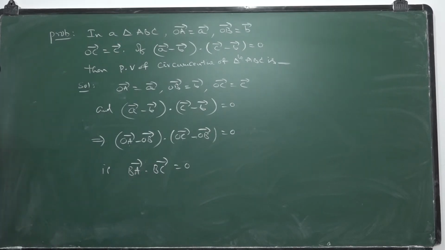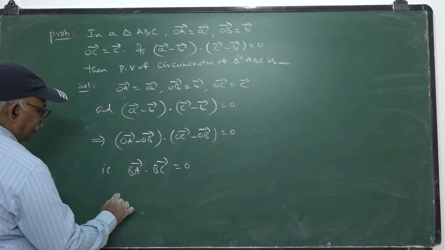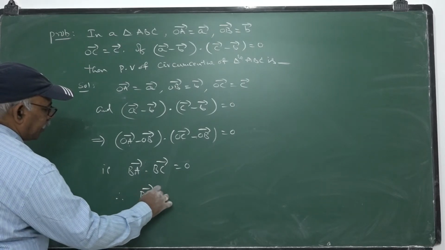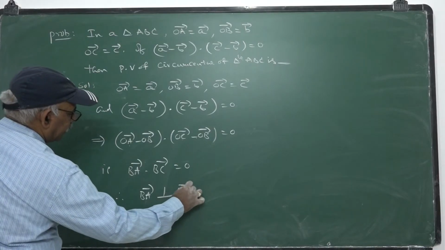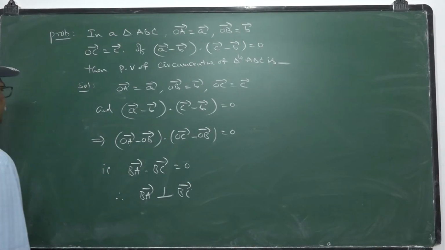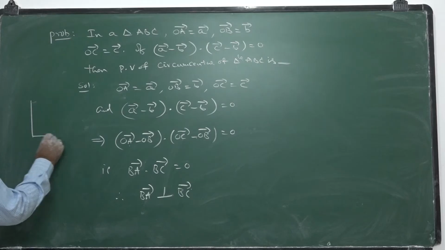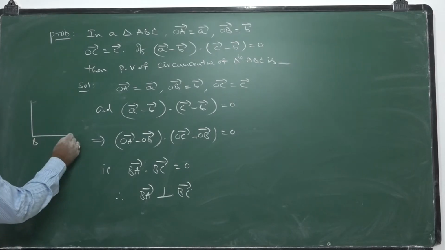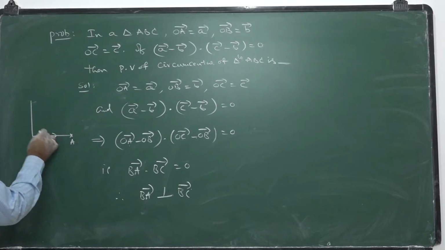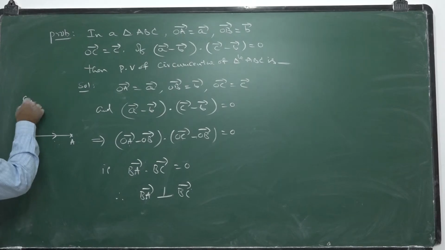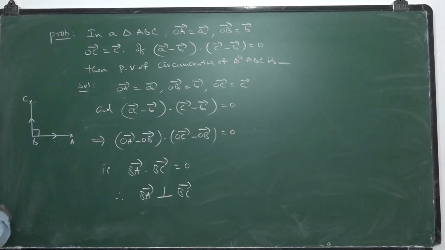So in the triangle, BA is perpendicular to BC. Therefore BA bar is perpendicular to BC bar. So this is the triangle here, BA bar and BC bar are perpendicular, 90 degrees. This is our triangle.